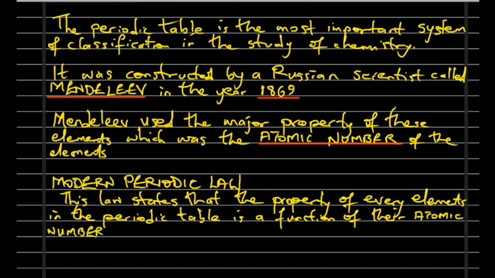So it was with the help of the atomic number that all of these elements were placed into their very position in the periodic table. So having said this, let us now look at the components of the periodic table.